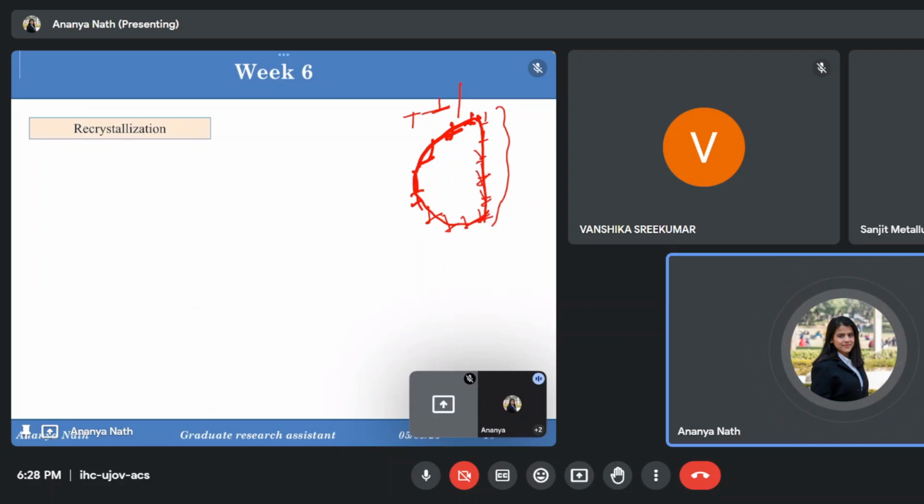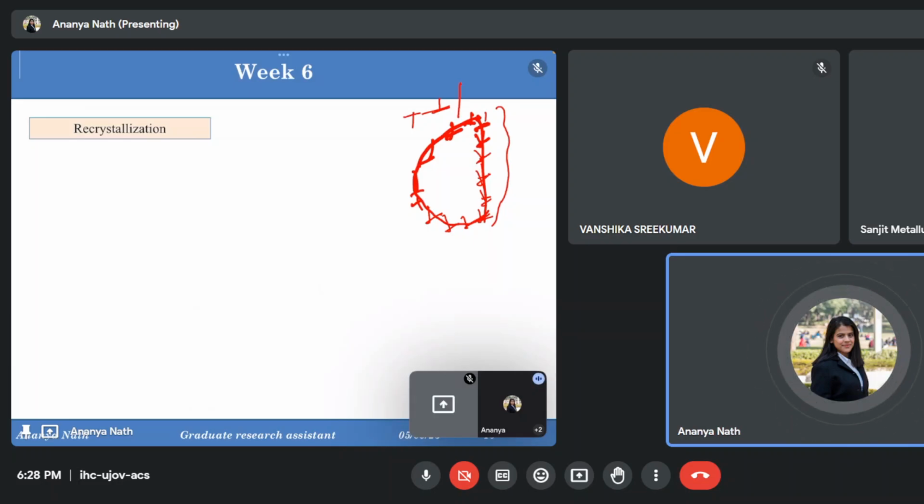Like in these week 6 lectures only, you have already seen those videos. So that is the thing. They are gathered at the grain boundaries with a low energy configuration. That is called the low angle boundaries.